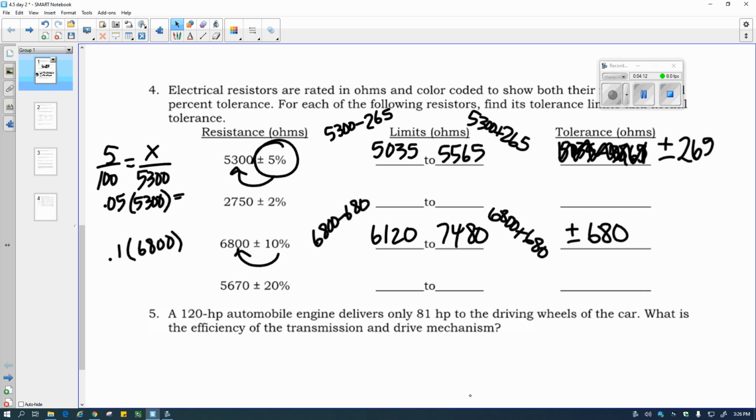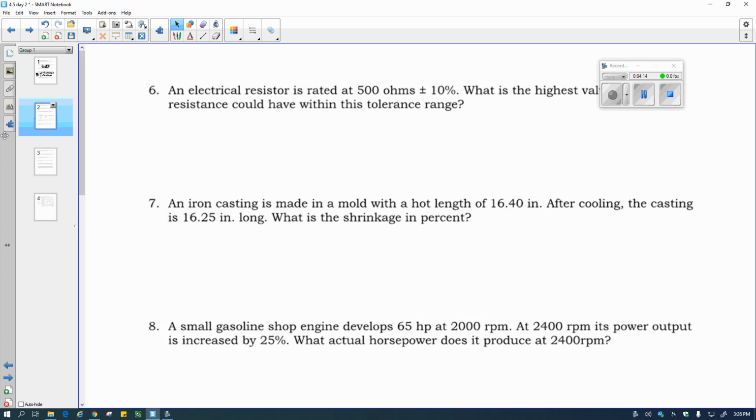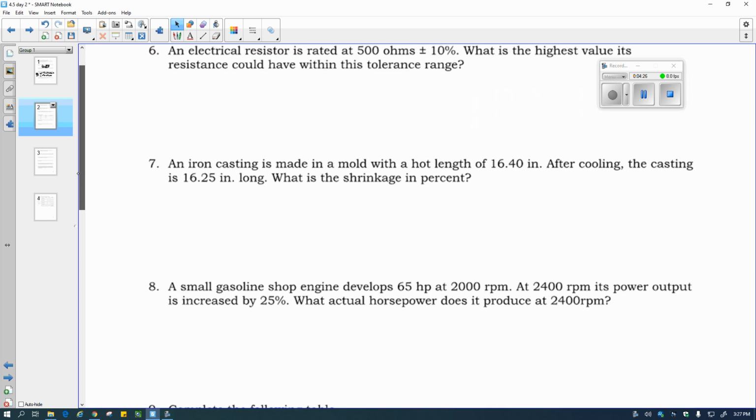Moving on, trying another even. Electrical resistor is rated at 500 ohms at plus or minus 10%. What's the highest value they want to know? I can't read exactly what that says. I'm going to see, what is the highest value its resistance could have within this tolerance. So when we do that, we want to find the upper end.